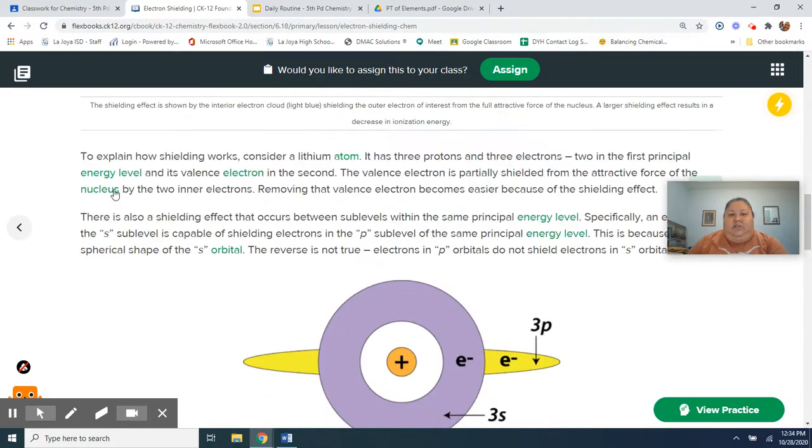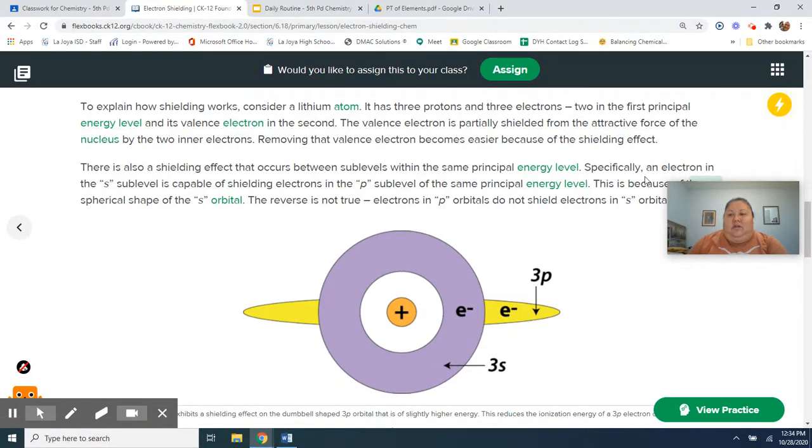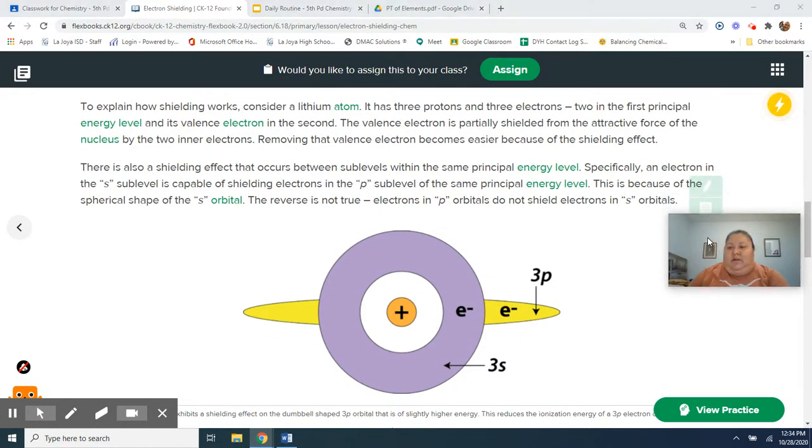All right. So that's one example of lower ionization energy as you go to the right. To explain how shielding works, consider a lithium atom. Okay, so we're going to consider lithium.